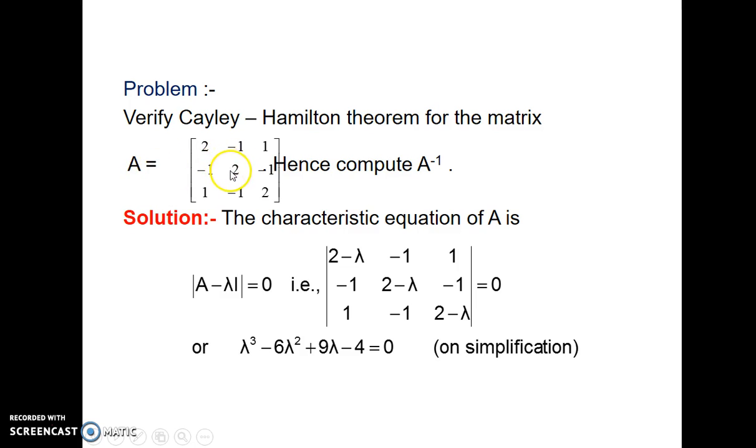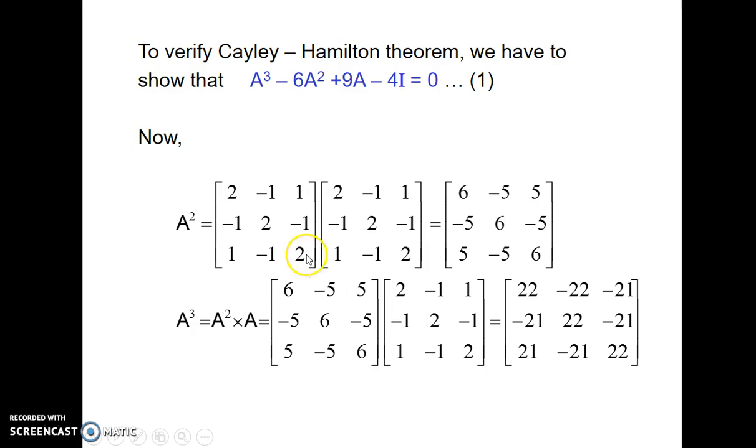This matrix is given. We have to verify the theorem and compute A inverse. So what do we have to do? We write the characteristic equation, and it comes this way. To verify the Cayley-Hamilton theorem, we substitute A instead of lambda. So A cube, A square and A we substitute in this equation. A square you can find by matrix multiplication, and A cube again by matrix multiplication.